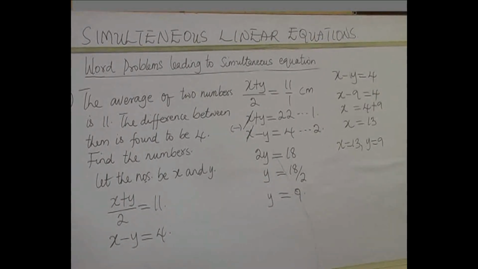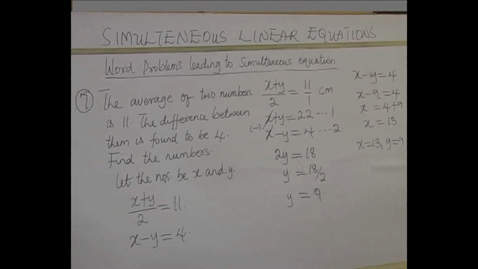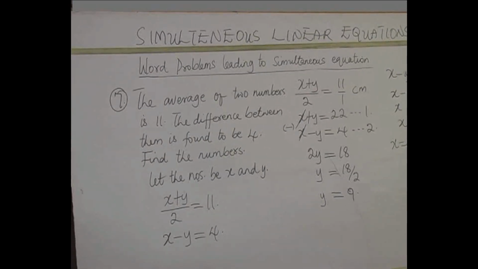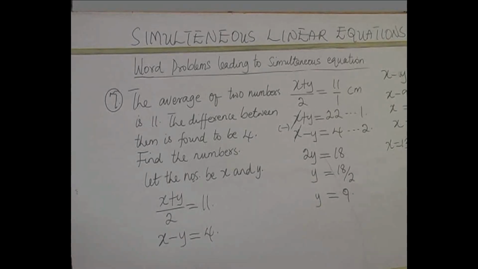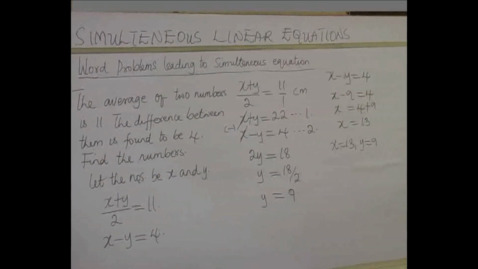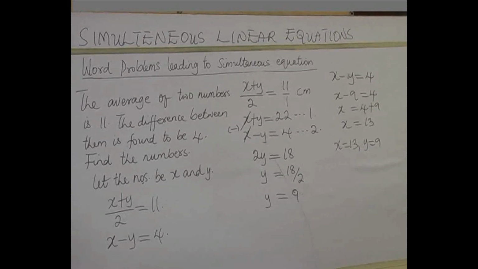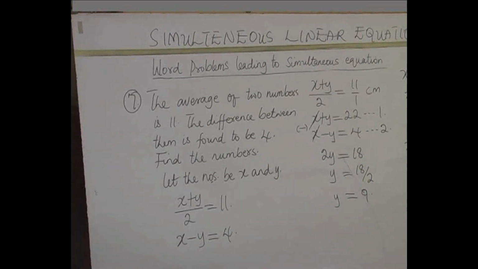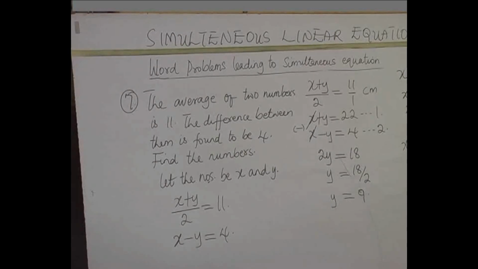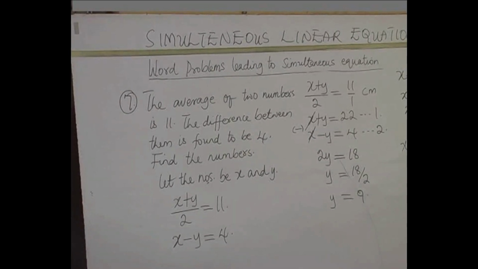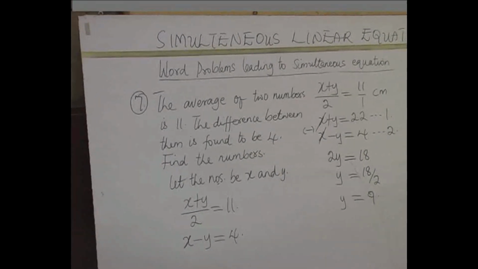You can see that 13 minus 9 is 4. That is the second equation here. X plus y means 13 plus 9, and 13 plus 9 is 22. That means x plus y, which is 22, divided by 2 will give you 11, which is the first equation that I'm showing you here.